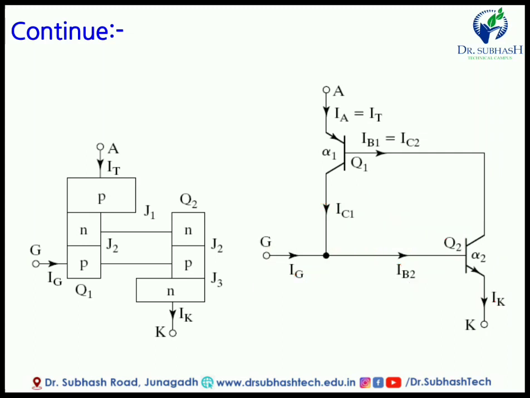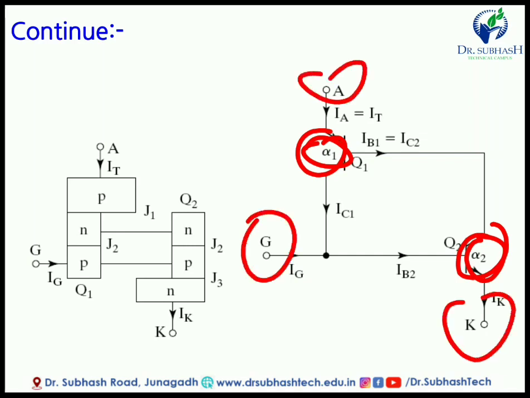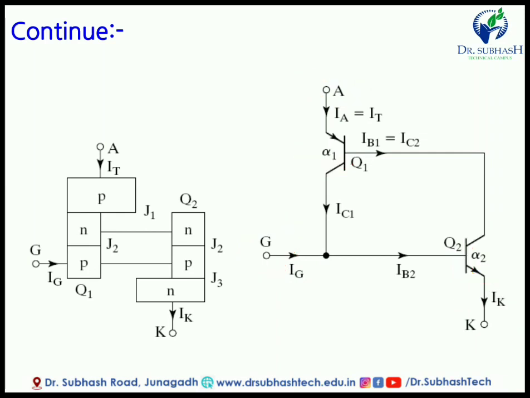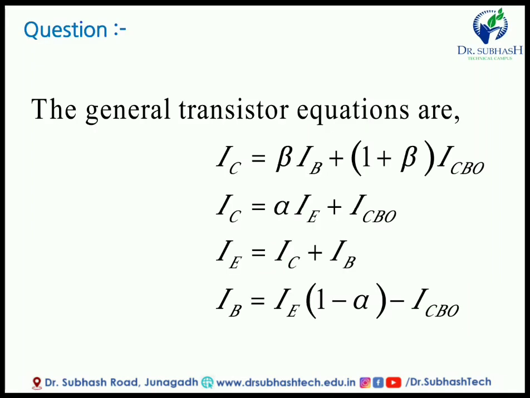So in equation form, here alpha 1 and alpha 2 are the current gains of transistor 1 and transistor 2, so the total gain of this SCR is a combination of alpha 1 and alpha 2. So for anode, gate and cathode, according to these terminal names, we have to design our current characteristics of this two-transistor model.